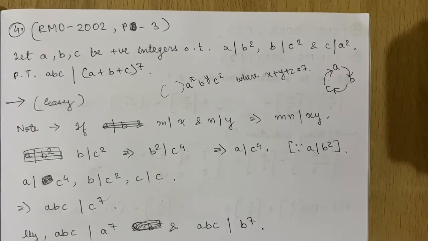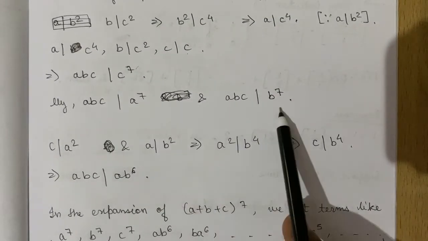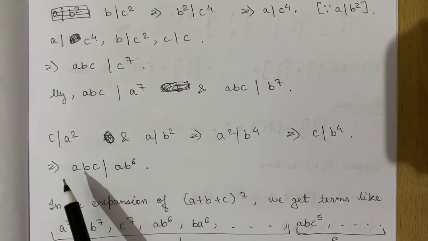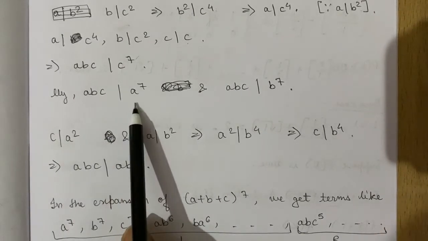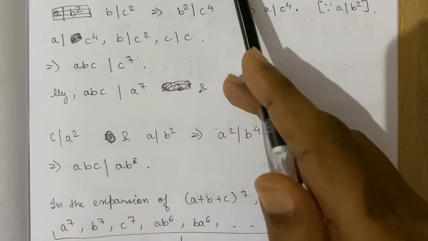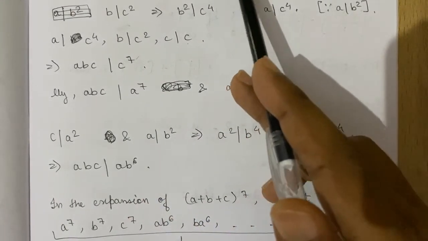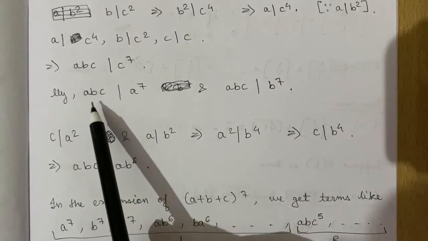If you are not convinced, you can definitely try proving these two parts on your own. And the second step is, if a term has only one of these three, a, b or c, then it's divisible by abc.